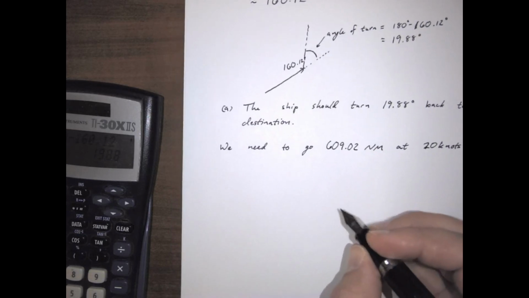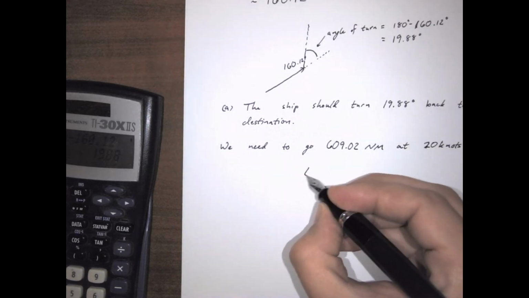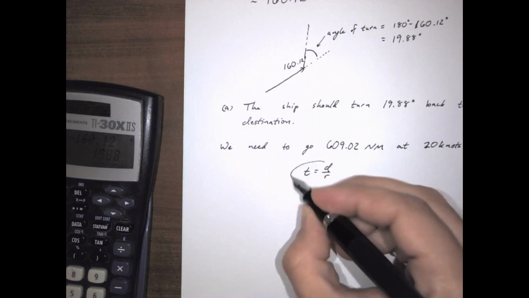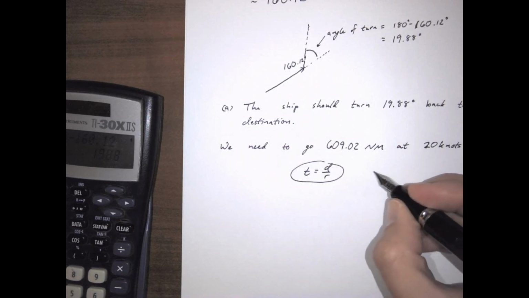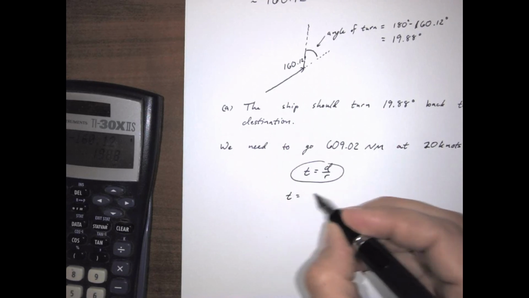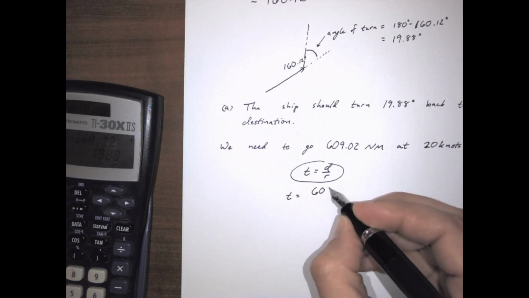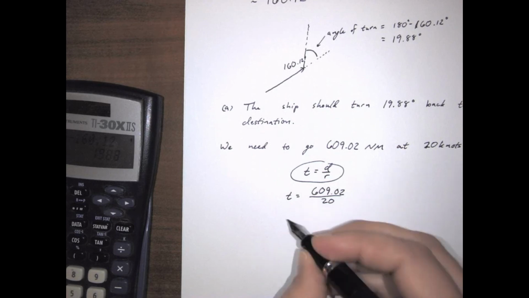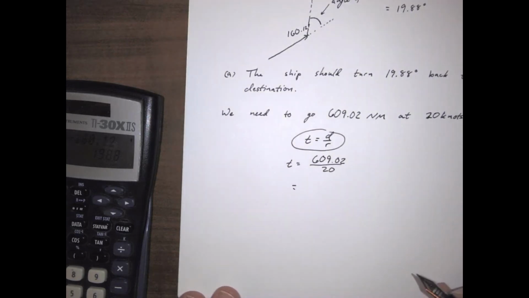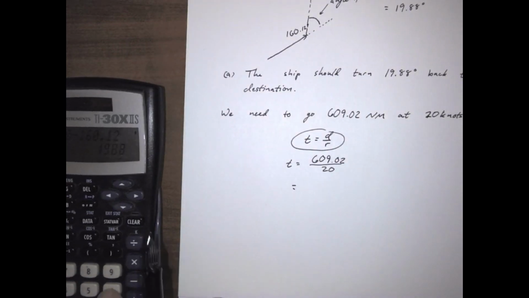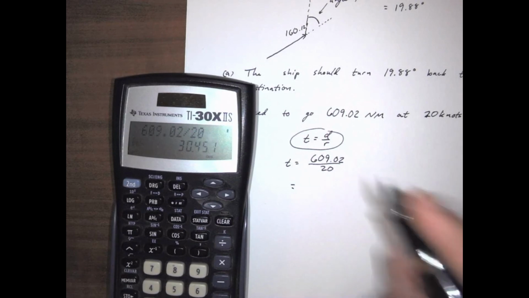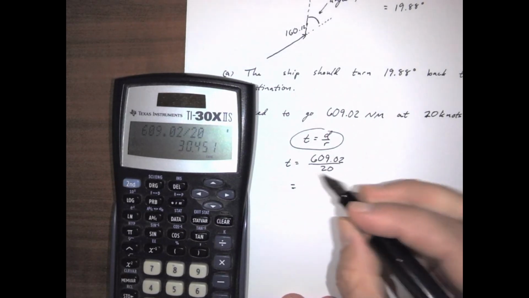And so again, time is equal to distance divided by the rate. And so the time would be 609.02 divided by 20. And that will tell us 30.451 hours.